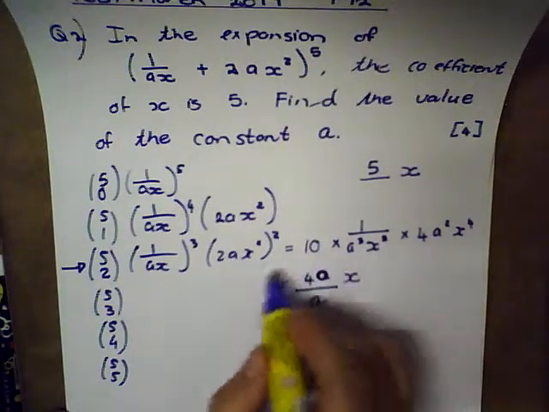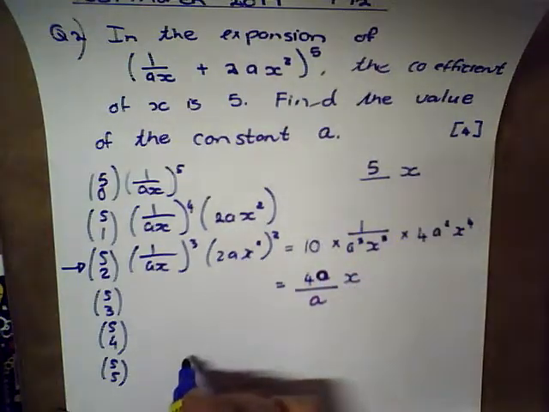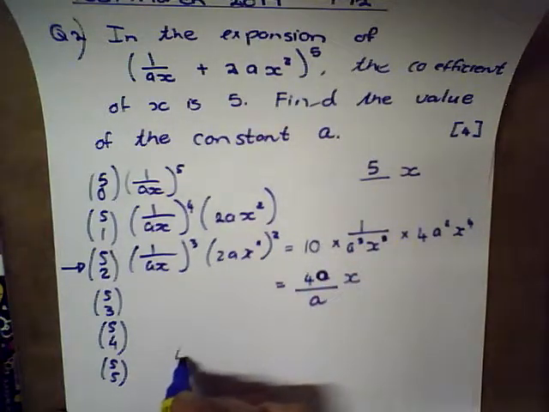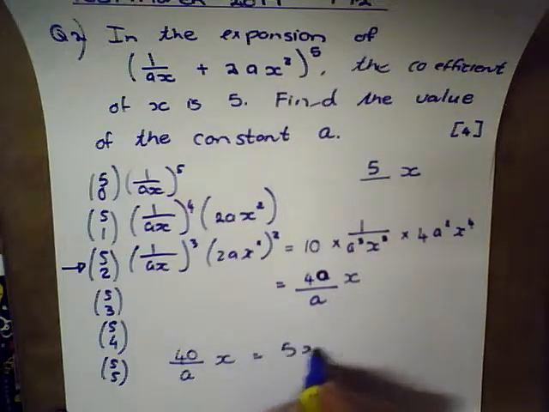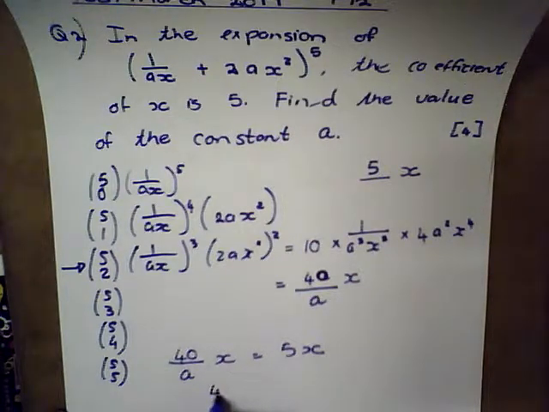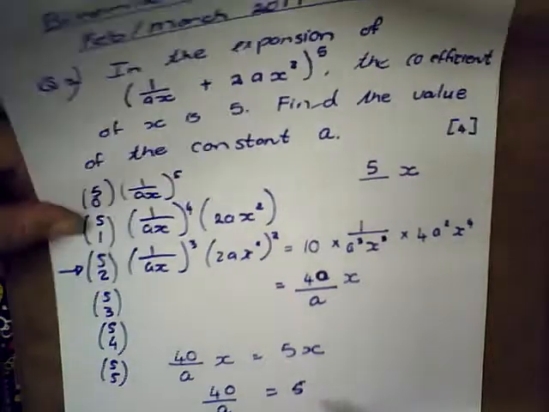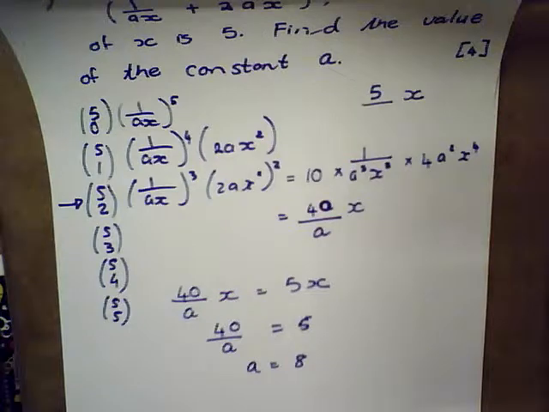Okay, so we know that this thing would be equal to 5x. So I'm setting it equal to 5x. So 40x over a equals 5x. Now x and x can cancel out, so we will have 40 over a equals 5, and I can solve, therefore a would be the value of 8.